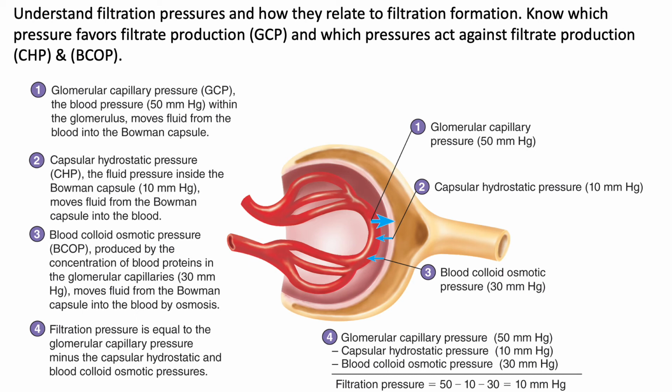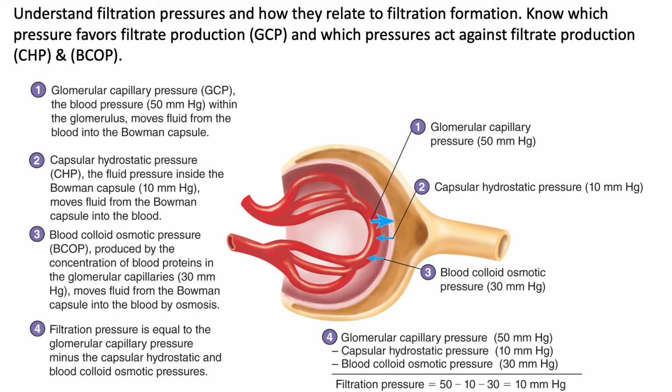Now, this normally happens within the tissues of the body, but this is an area where we want to force filtration to occur. So if you add up the pressures and subtract the ones that are in a direction opposing the larger pressure, you get a net pressure towards filtration production of 10 millimeters of mercury. You've got 50 millimeters from blood pressure towards filtration production.